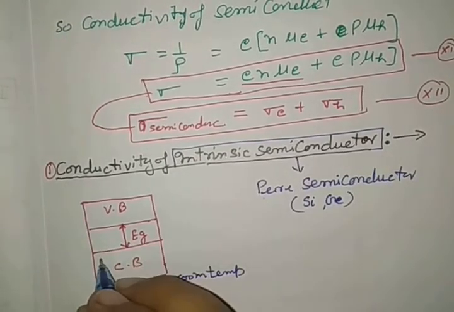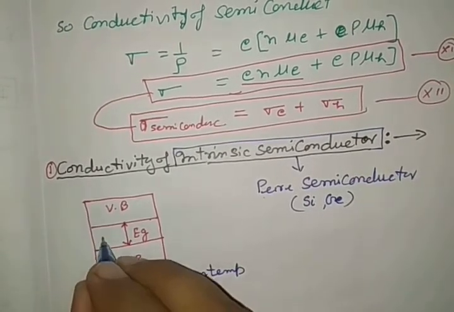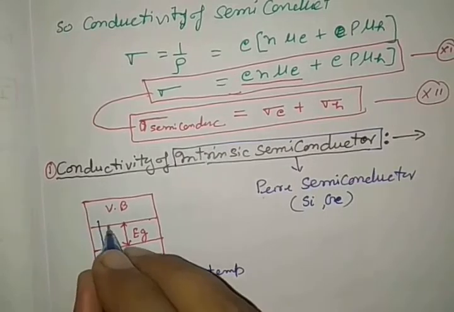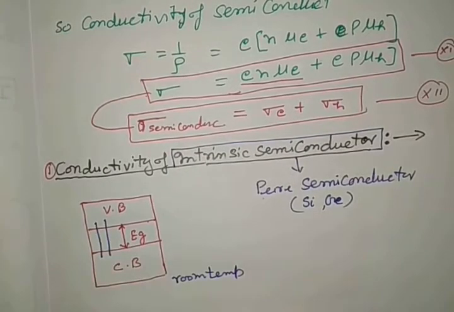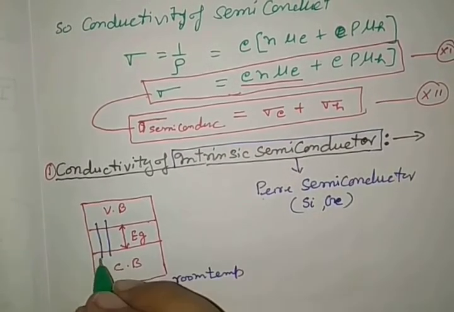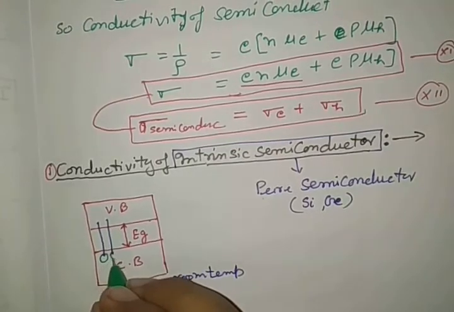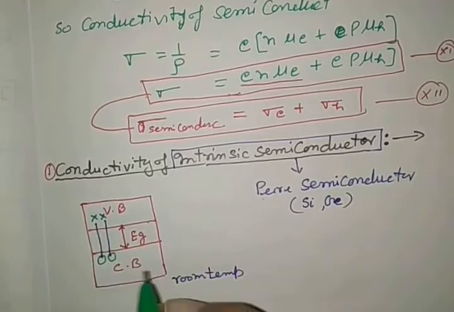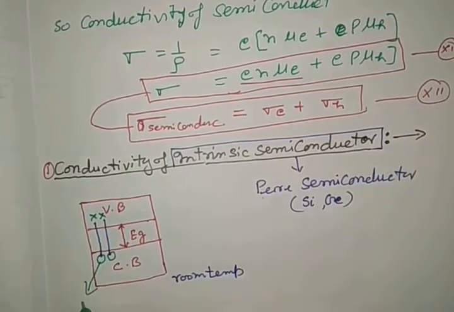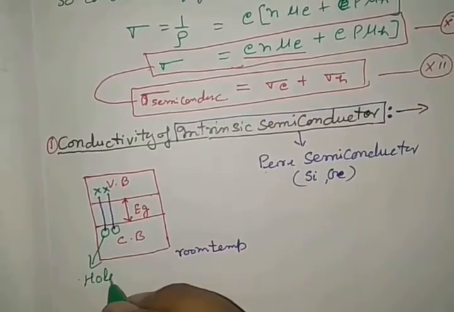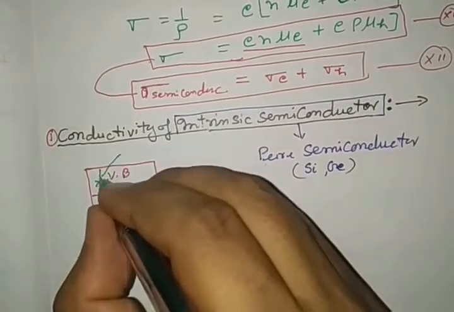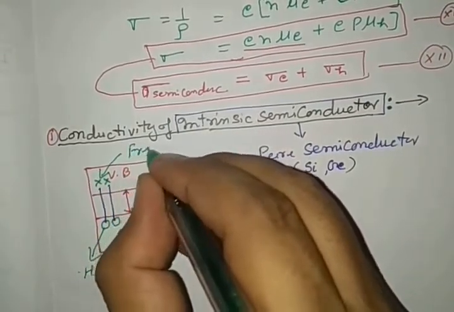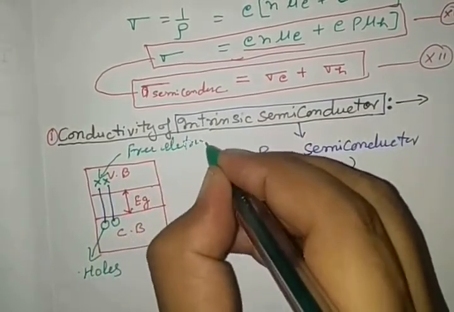So holes are created in the valence band, and these are called holes, and the conduction electrons are called free electrons.